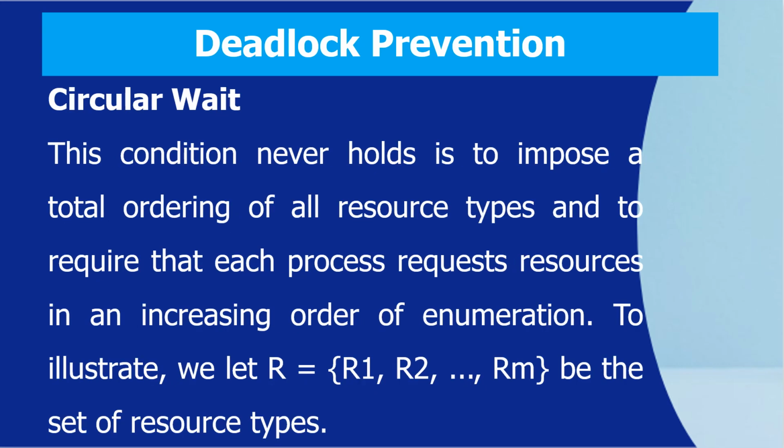Circular wait: this condition must never hold. We impose a total ordering of all resource types and require that each process requests resources in an increasing order, that is R1, R2 up to Rn.